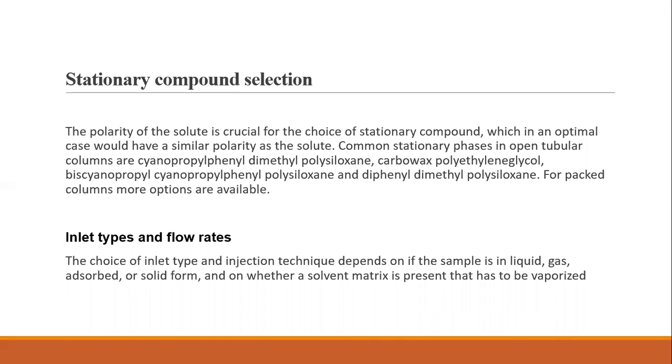If a solvent matrix has to be vaporized and partially removed, a different injector is used. Gaseous samples like air cylinders are usually injected using a gas switching valve system. Adsorbed samples on adsorbent tubes are introduced using either an external on-line or off-line desorption apparatus such as a purge and trap system, or are desorbed in the injector.